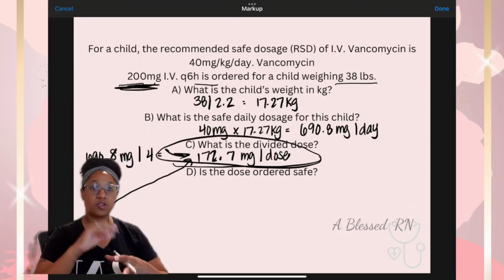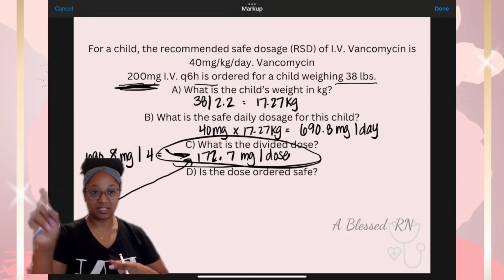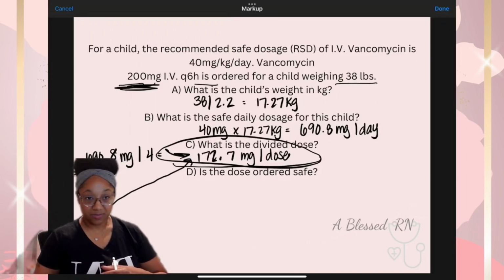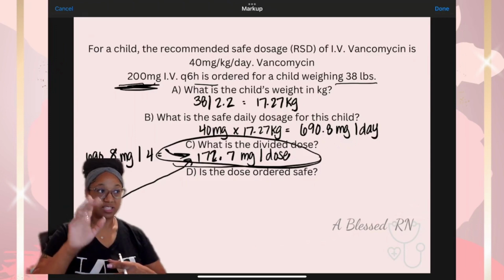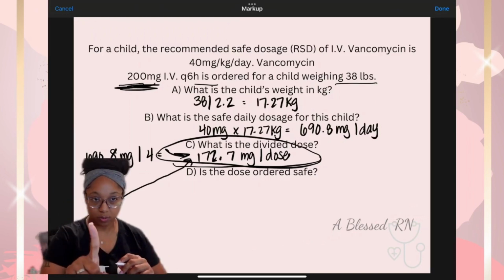So you would give 200 milligrams 4 times throughout the day because it's every 6 hours. So it'll be 6 o'clock in the morning, 12 o'clock in the afternoon, 6 o'clock in the evening, and midnight, because that's every 6 hours.